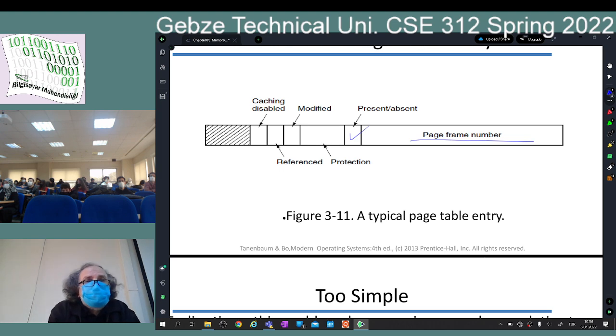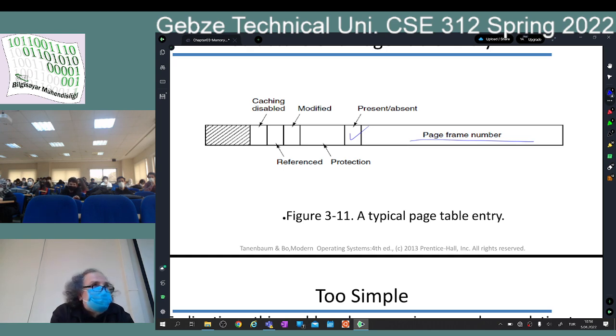What is the difference between a modified page and a referenced page in terms of handling this virtual address world? Yes? Maybe we want to save it to the disk later, because we modified it, so we don't have the data.